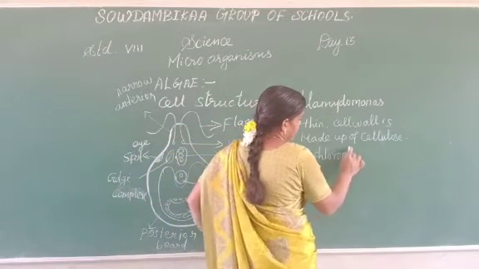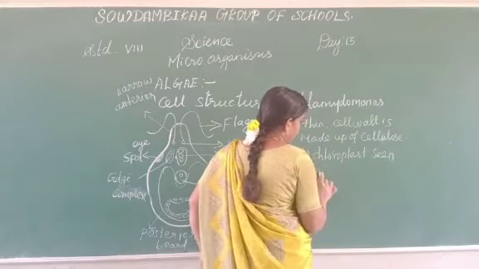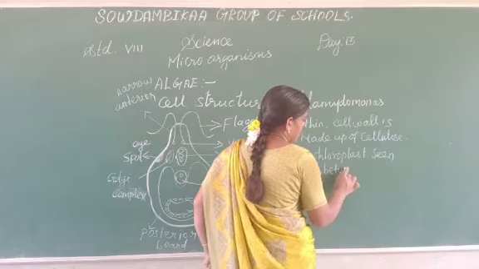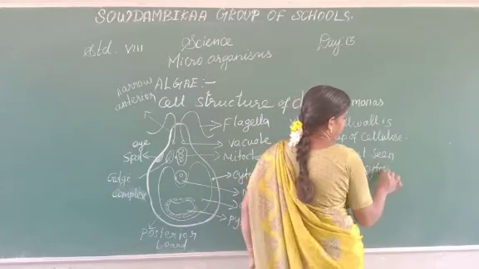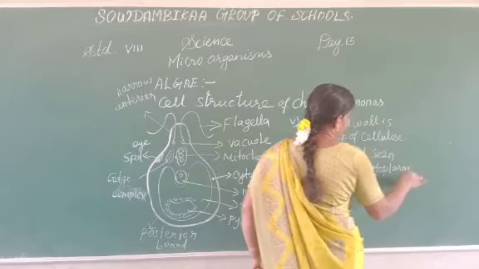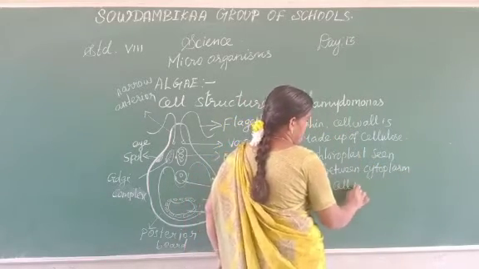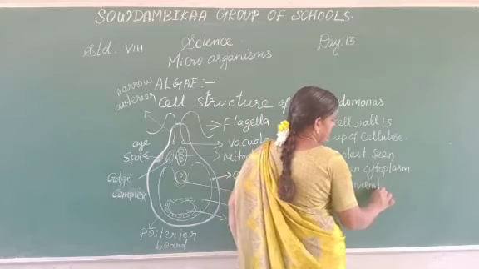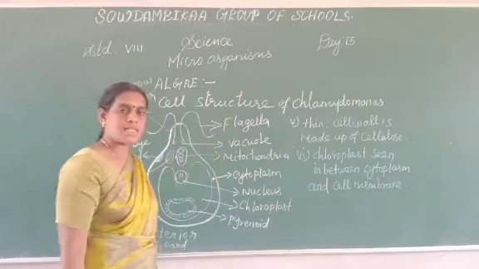The chloroplast is seen in between the cytoplasm and cell membrane.